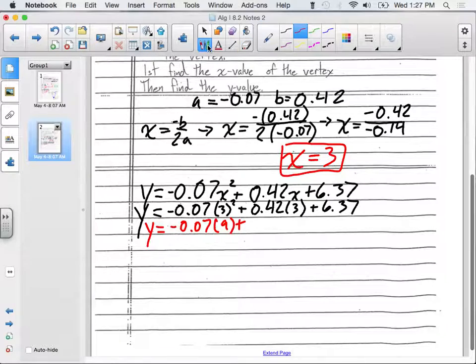So 0.42 times 3 is what, Sam? 1.26, thank you. Alright, and this last step here, 1.26 plus 6.37.